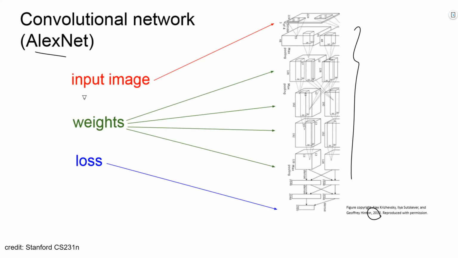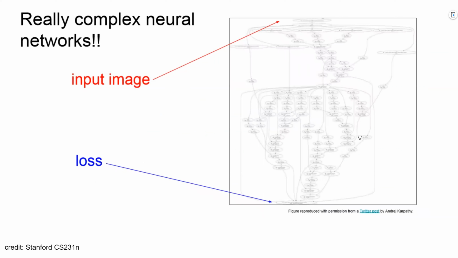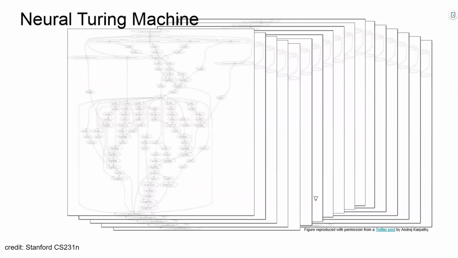From input, we have a lot of weights and the loss function. This one is the very first model, but it still looks quite complicated. And nowadays, we have even more complex networks. And even more like this.